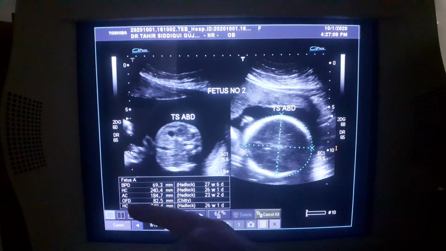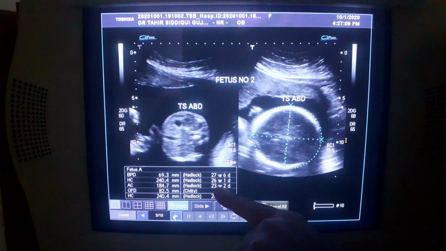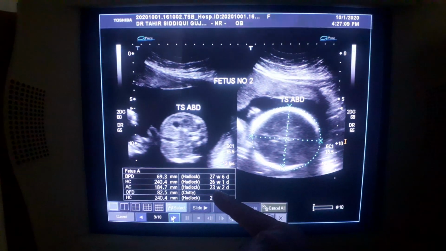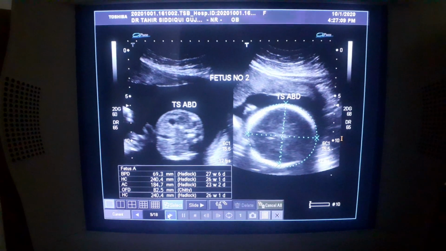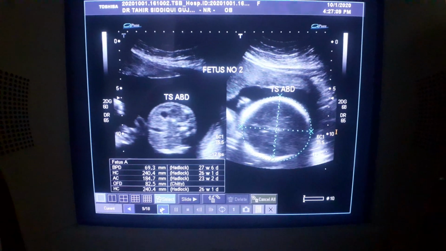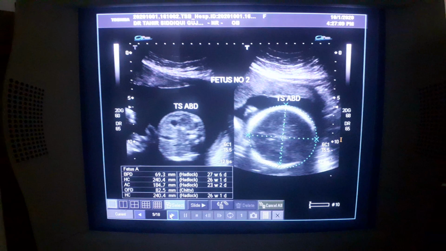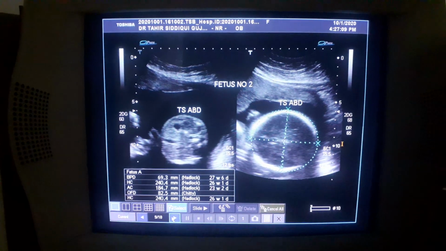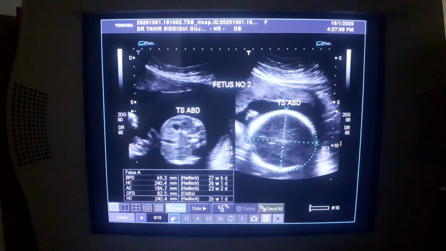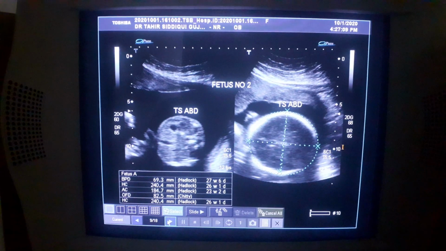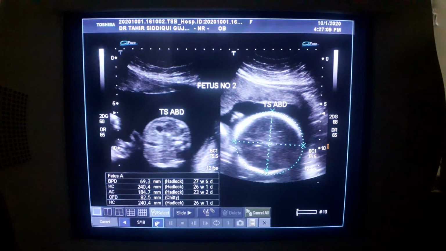But the abdominal circumference corresponds to 23 weeks. I will show you, and there is a reason why I had to take these two together.